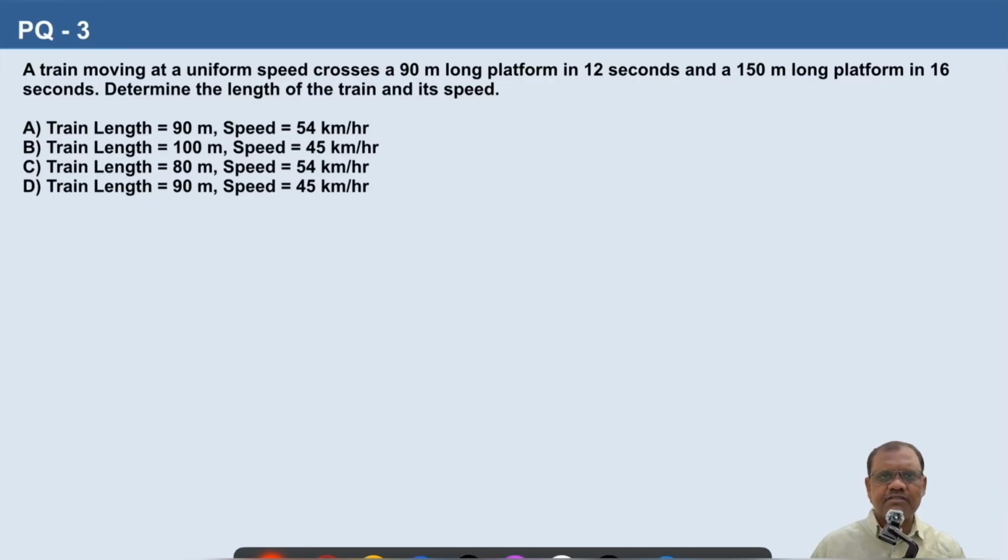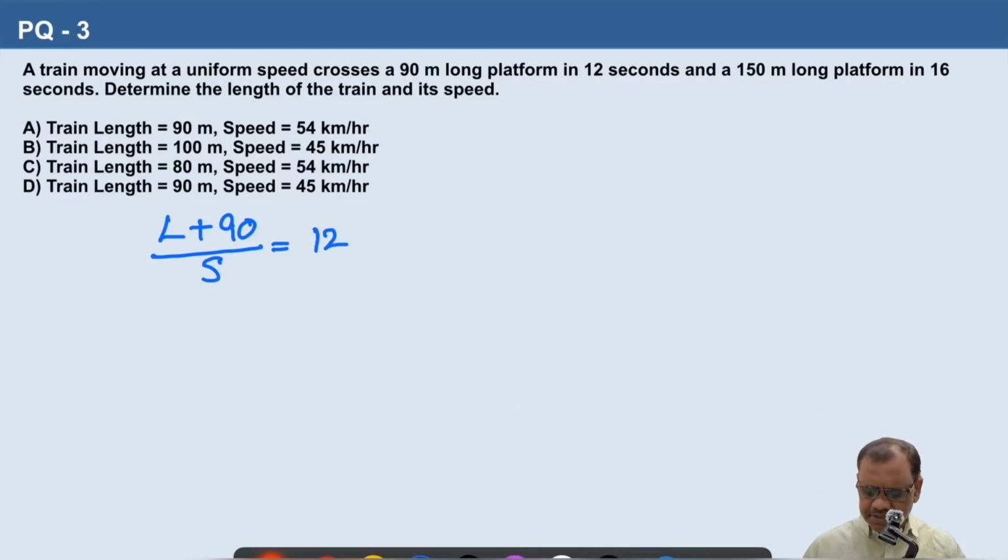The length of the train is not given, so we will assume it as L. To cross the platform of length 90 meters, it should cross the length of the train and also the length of the platform. The speed of the train is not given here, so we assume the speed of the train as S. And what is the time taken here? 12 seconds is the time taken here.